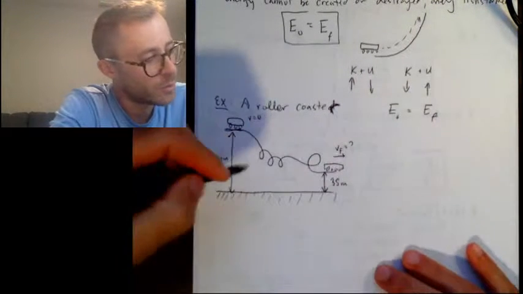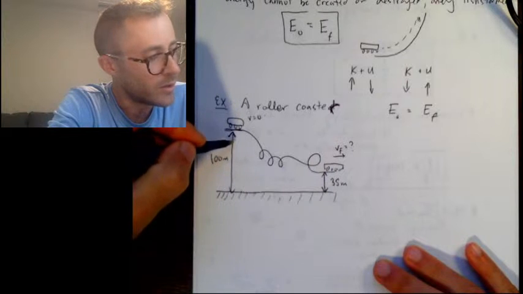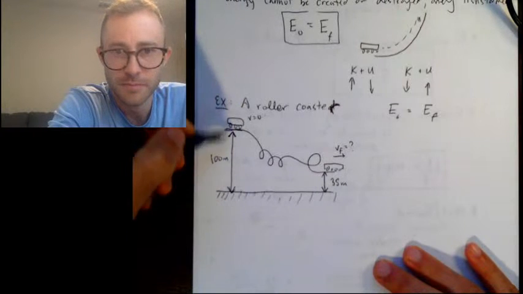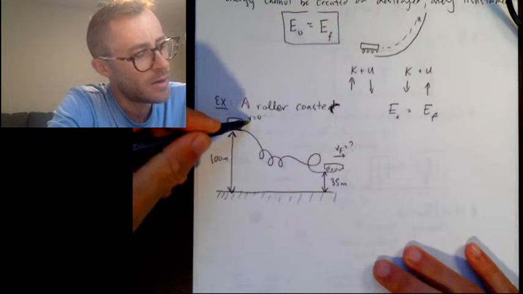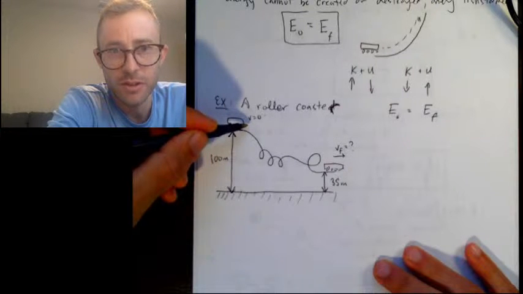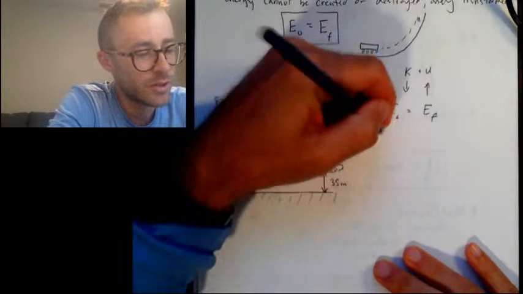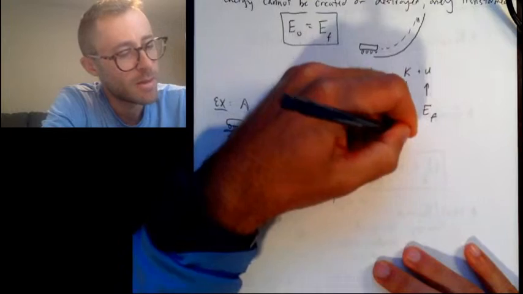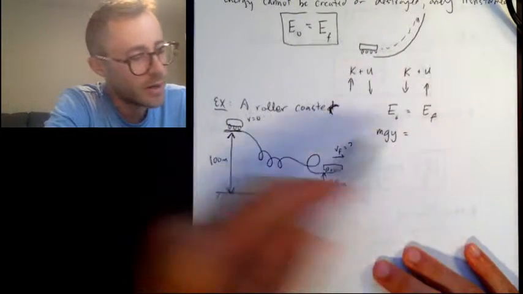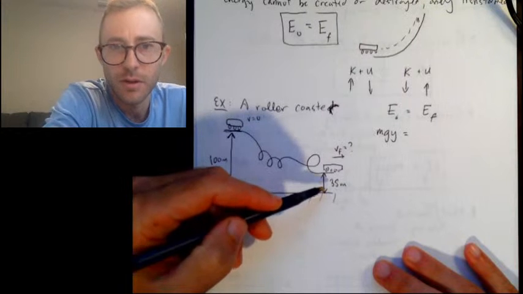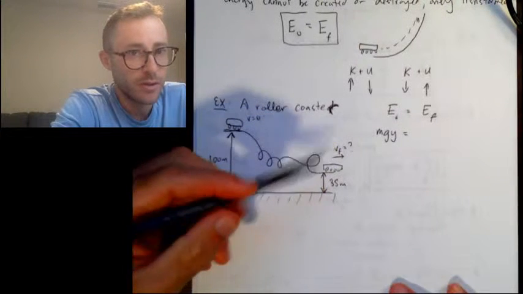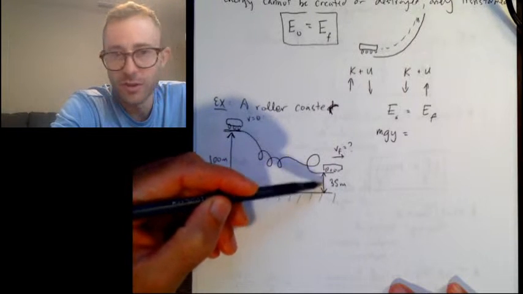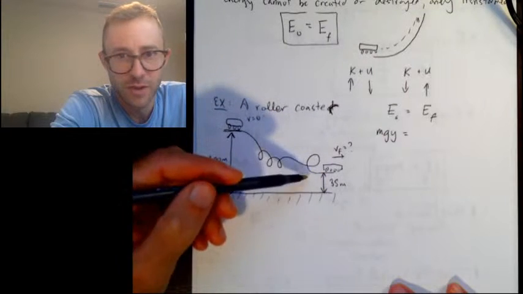If we look at it, the roller coaster cart begins with elevation, so it begins with gravitational potential energy. It starts at rest, though, so it does not begin with kinetic energy. So our initial energy is going to be mgy. If we look at the final elevation, it still hasn't reached ground level yet, so it still has gravitational potential energy.